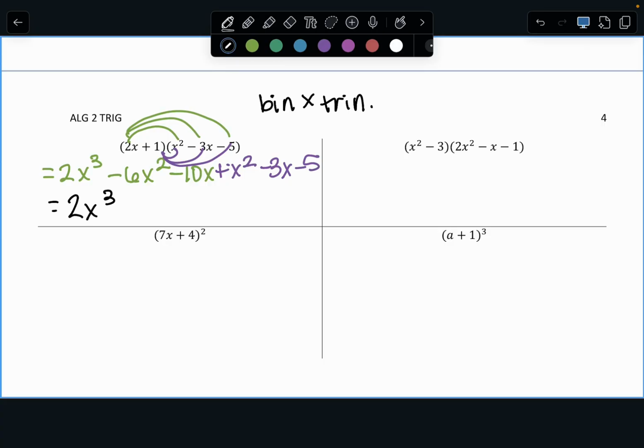Then we combine. 2x cubed doesn't have any friends, so it stays. We can do negative 10x minus 3x and negative 6x plus x squared. So we end up getting negative 5x squared from the pinks, minus 13x from the teals, and then minus 5 for that constant term.